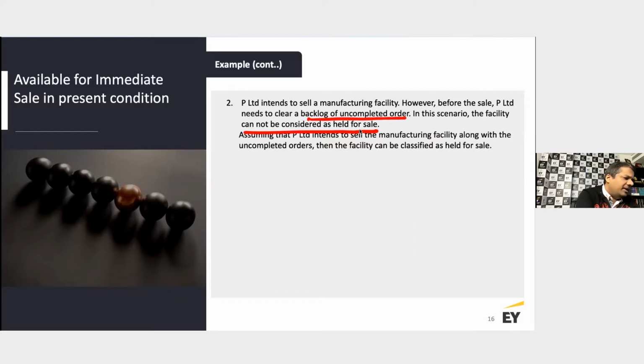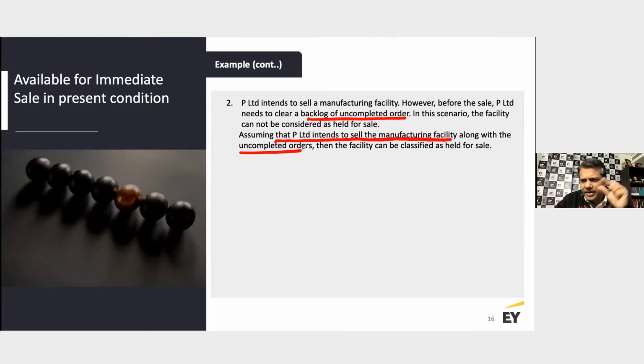Assuming that P Limited intends to sell the manufacturing facility along with the uncompleted orders, then the facility can be classified. That means if I can sell it along with the uncompleted orders, then of course there's no problem. But if I have to first complete the uncompleted orders, that means it is not available for sale in its present condition. The present condition is available for sale only when I have completed all the backlog orders.